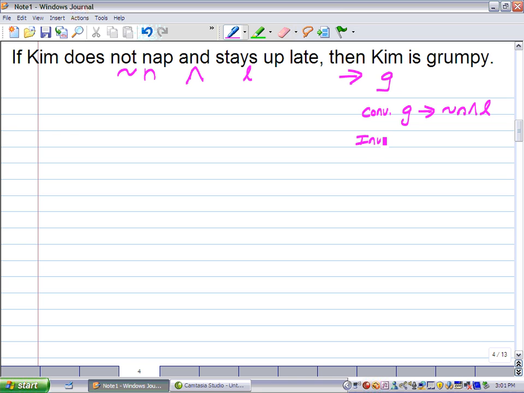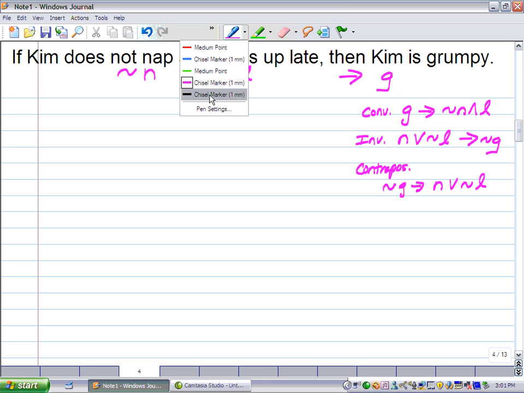Our inverse, however, is going to be what? N or not L implies not G. And our contrapositive is going to do both. It's going to switch and change them. So not G implies N or not L. Okay, so let's write out what the actual statements are.